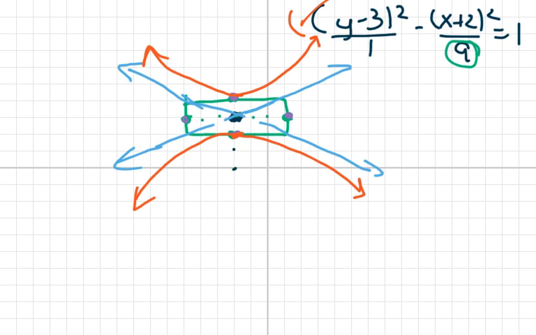Now my foci was square root of 10, which is very close to 3. So from my center, I'm going up 3. 1, 2, 3. Or a little past 3. Because it's square root of 10. From my center, I'm going down 3. 1, 2, 3.